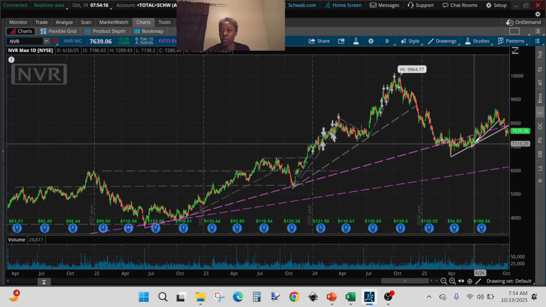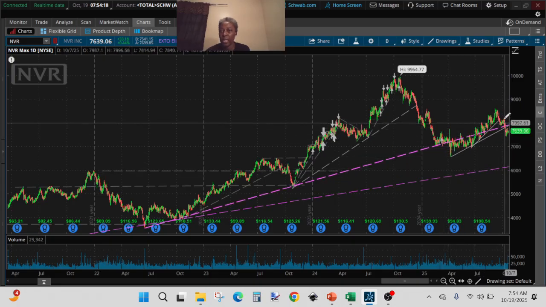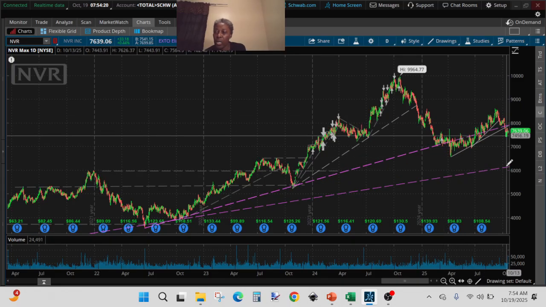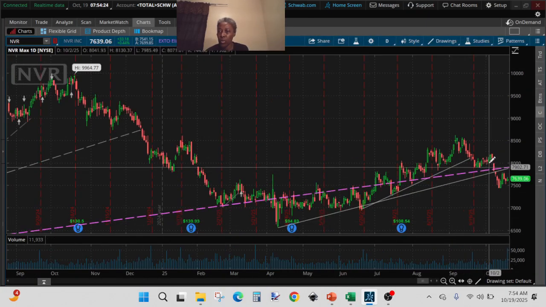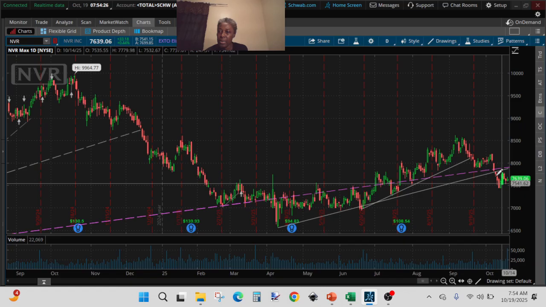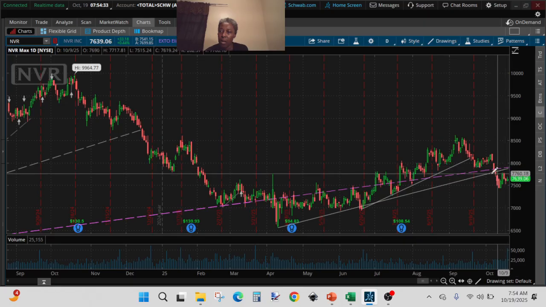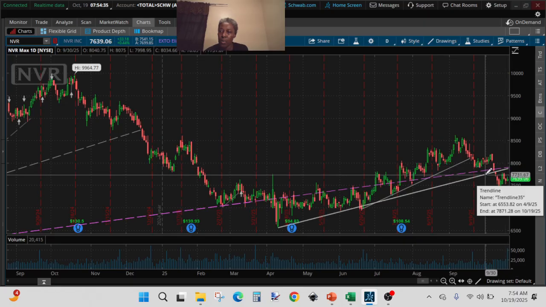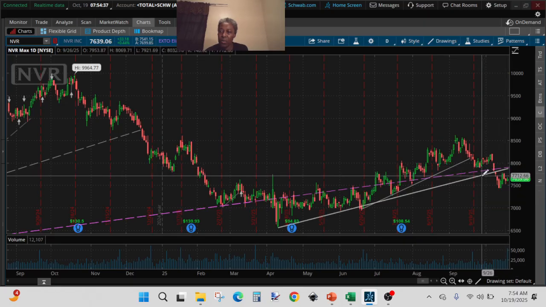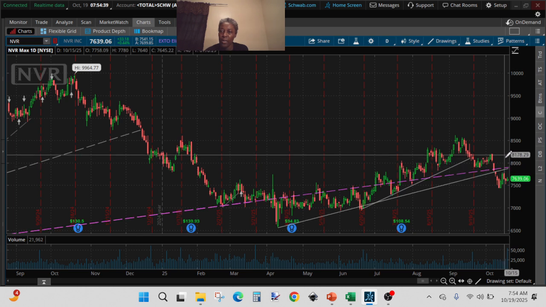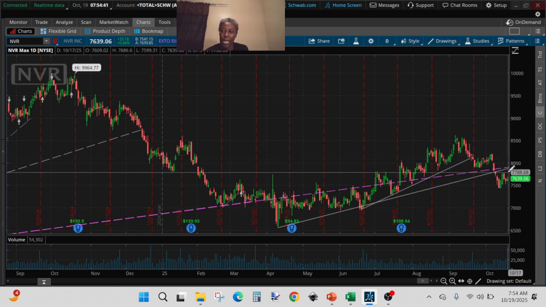So we have an uptrend there, but then it pulled back below it. So it will be good for you to see it start making higher lows around here, going over this support line here before you make any purchase.